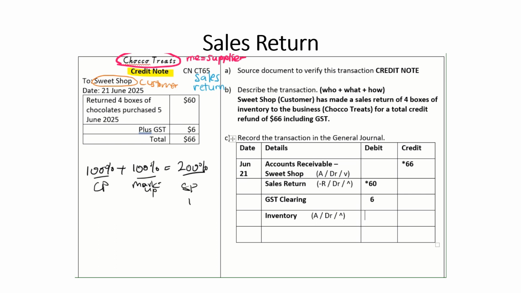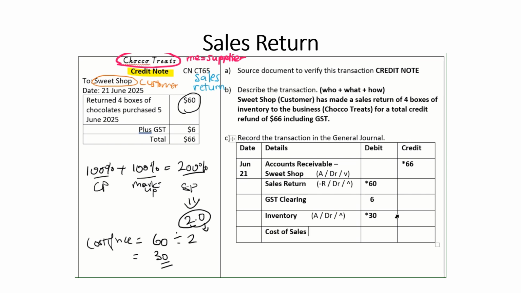And if we convert that into a decimal, it would be 2.0. To work out the cost price, we take the selling price of $60 without GST, divide that by this special decimal here, 2, and that will give us a cost price of $30. And that is what we are going to be recording in our journal here in the inventory entry. So inventory asset debit going up, so on the debit side we will record the $30.